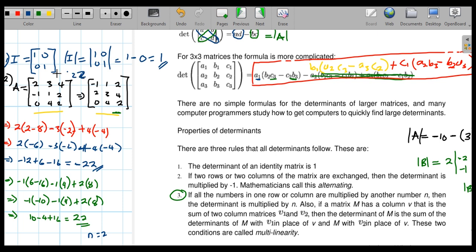If the determinant of this matrix A is minus 22, then when you multiply this row by 2, the determinant will become 2 times minus 22, so you'll be getting minus 44. That is what it is saying.